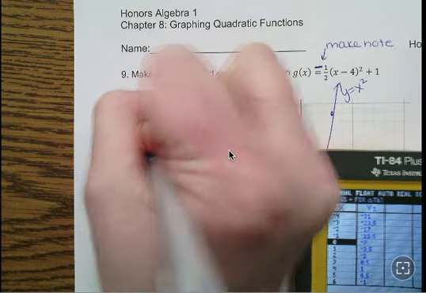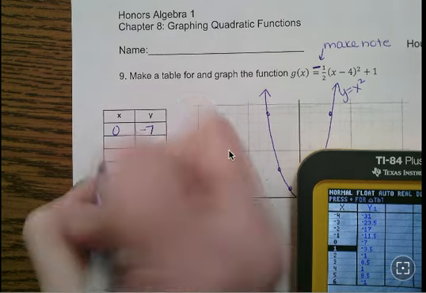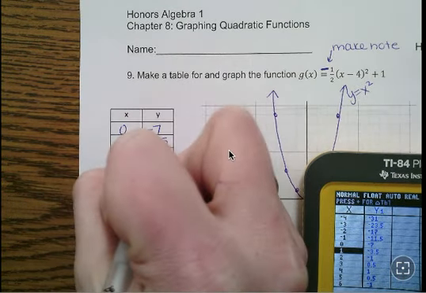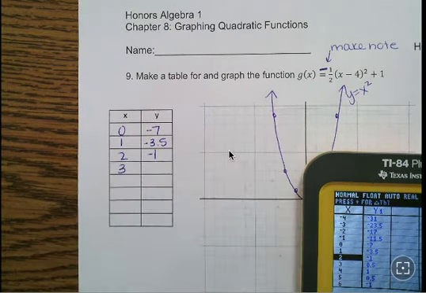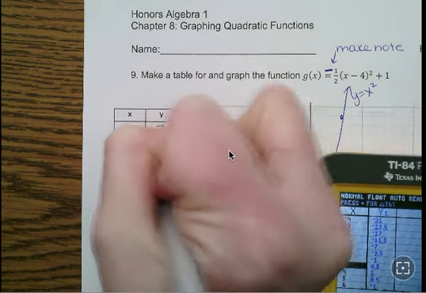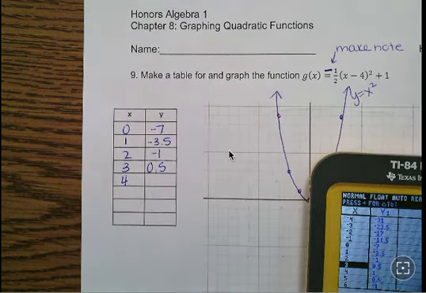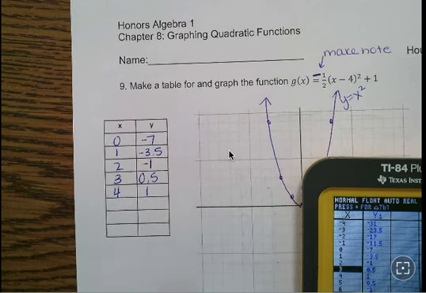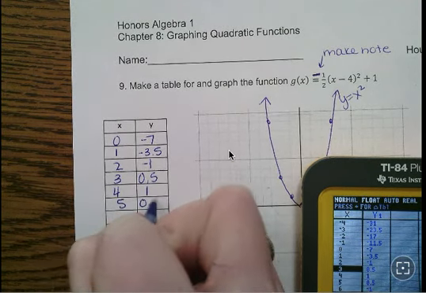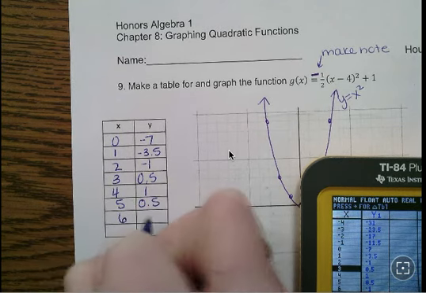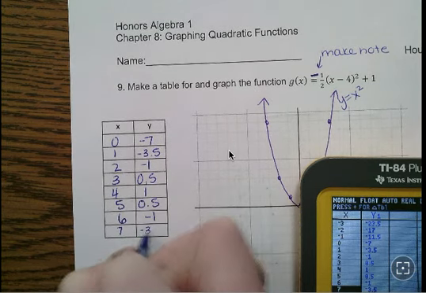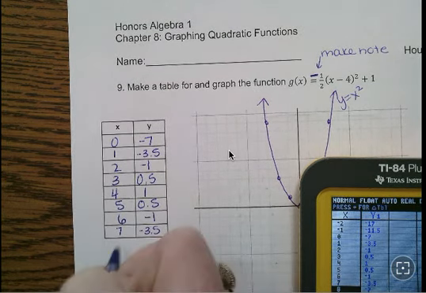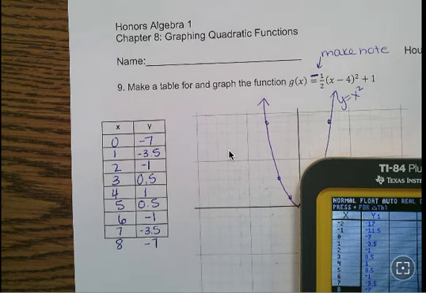Let's start at the point 0, -7. 1, -3.5. 2, -1. 3 is 0.5. 4 is 1. 5 is 0.5. 6 is -1. 7 is -3.5. And just because we can, I'll write down the 8 one as well. 8, -7. Okay?